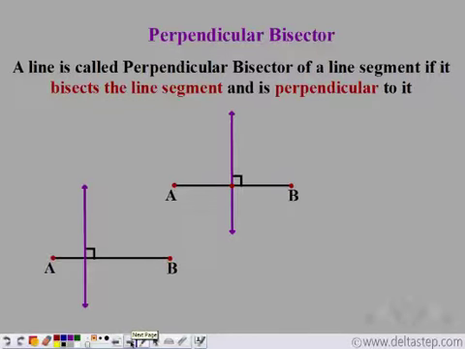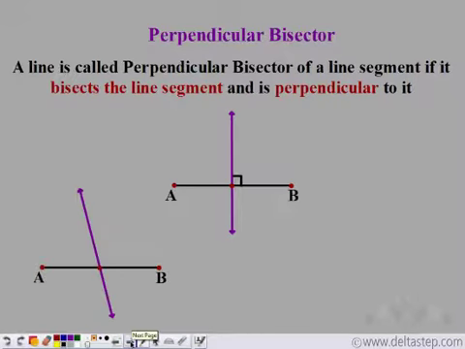If we look at this line, it is perpendicular to the line segment AB, but this part is not equal to this part. So this is not a perpendicular bisector of AB, although this is a perpendicular line to AB.